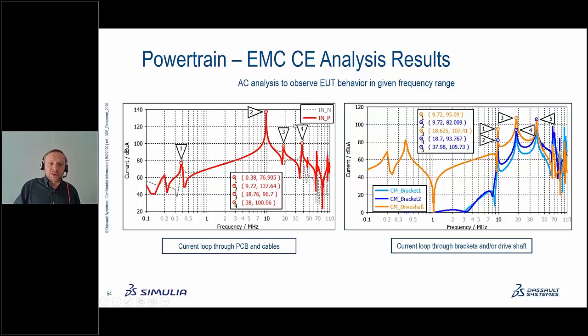And now we can take a look. So this is the current flowing through the battery, so basically the conducted emission, and here are the currents flowing through the brackets and through the drive shaft. And it's very interesting. The orange is the drive shaft, the light blue is bracket 1, and the dark blue is bracket 2.